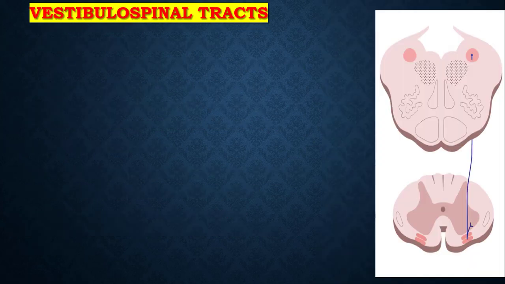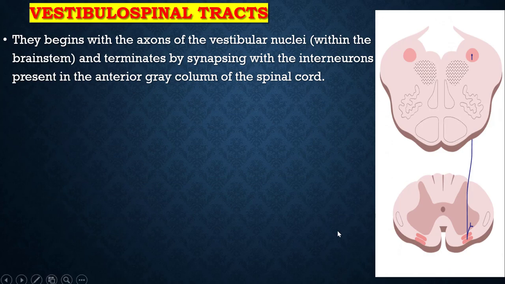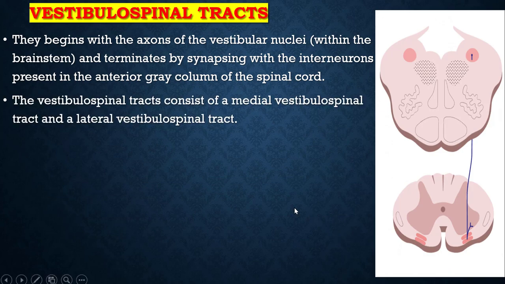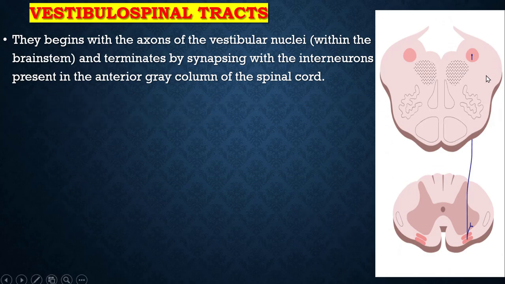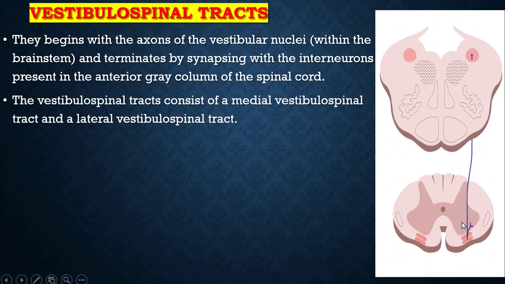Vestibulospinal tract. They begin with the axons in the vestibular nuclei within the brainstem and terminate by synapsing with the interneurons present in the anterior gray column of the spinal cord. The vestibulospinal tract consists of the medial vestibulospinal tract and the lateral vestibulospinal tract.